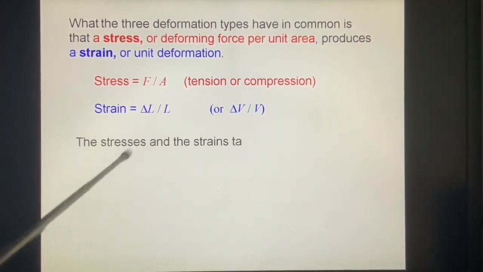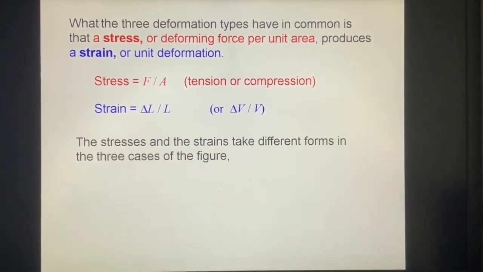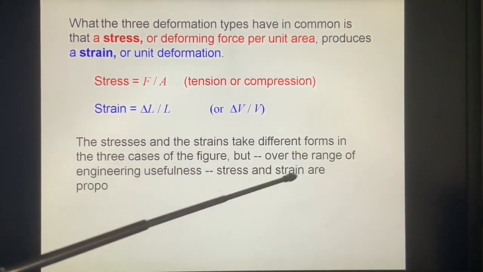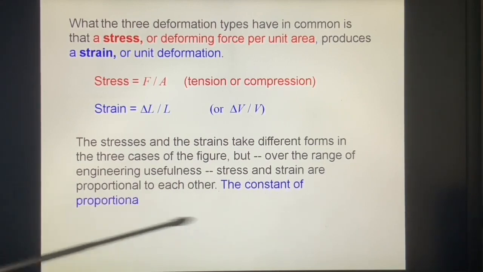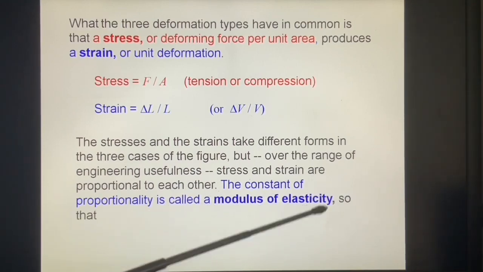The stresses and the strains take different forms in the three cases of the figures, but over the range of engineering usefulness, stress and strain are proportional to each other. The constant of proportionality is called the modulus of elasticity.